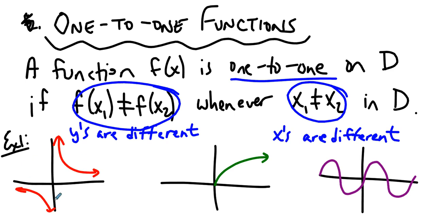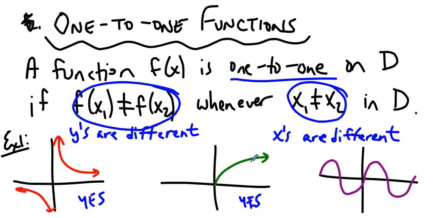The red function is one-to-one. Every time two x's are different, the y's are different. This function is one-to-one. The green function is one-to-one.